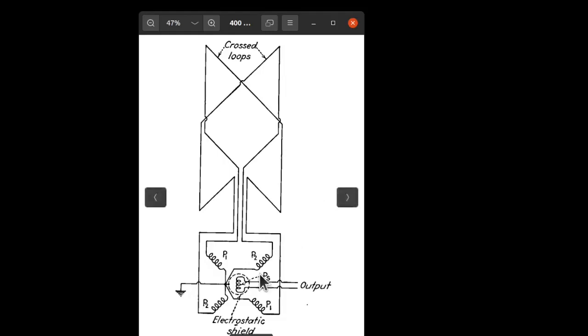A goniometer has a rotatable coil within the field of these 4 axial aligned and 90-degree opposed coils. When you turn this coil, especially if it's aligned along these two points, they are going to be driven the most by the output, and these are going to be driven the least, being they're in phase quadrature.